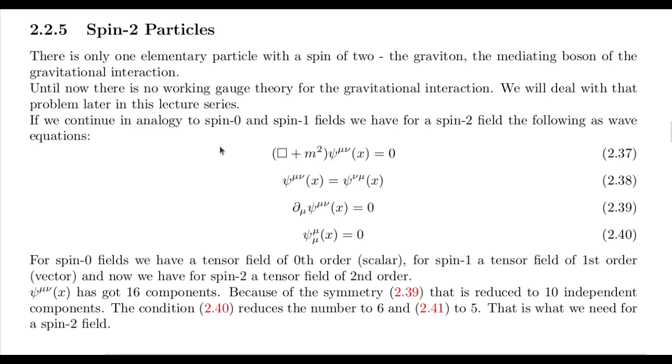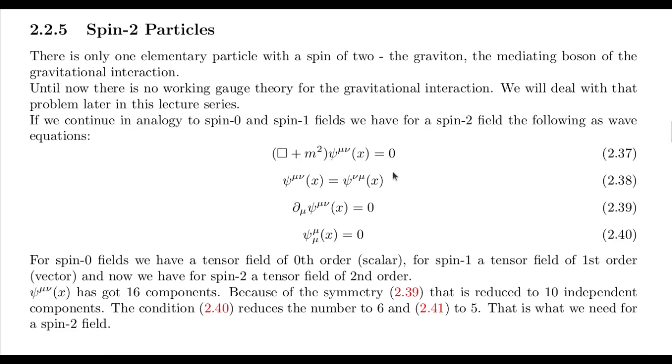So a 4 vector has only 4 components. So here usually we write a tensor with 2 indices. That means this is a tensor with 16 components.